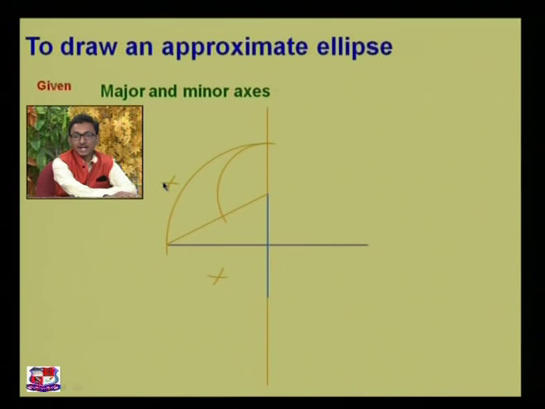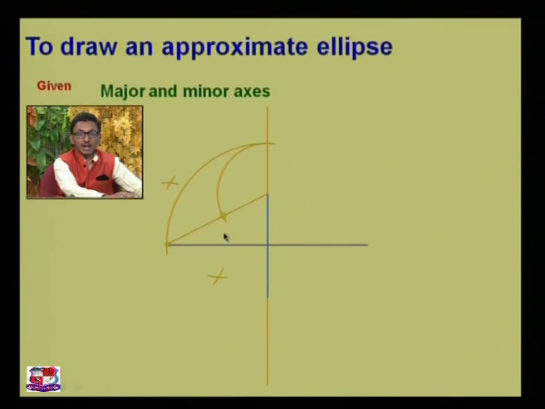Mark opposite arcs like this, which intersect each other, which means that if we draw a straight line passing through this intersecting arc, then we have got the midpoint of this desired line.